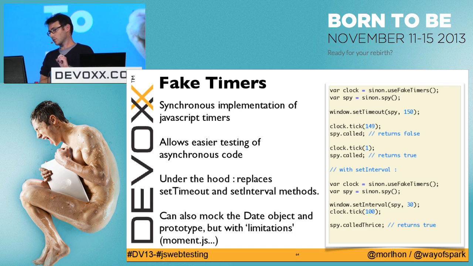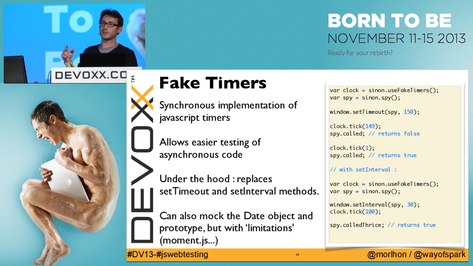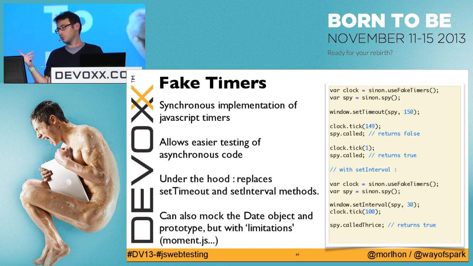The fake timers allow you to handle setTimeout and setInterval like synchronous methods. That means when you call a setTimeout or a setInterval, you will have access to the clock object, which is from Sinon, which can be used to advance the time.